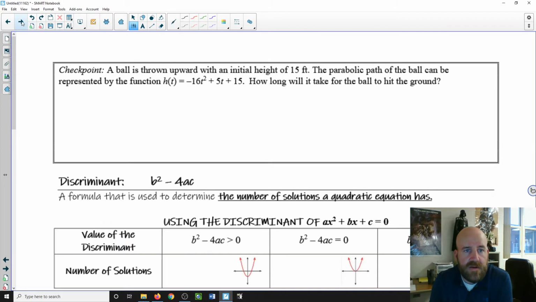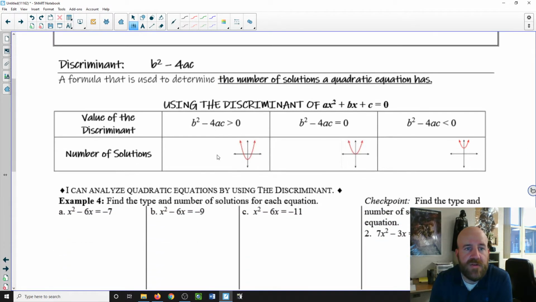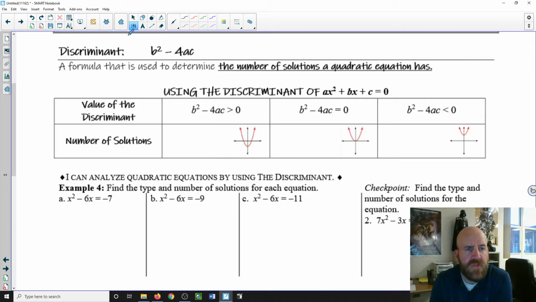All right, let's take a look at, skip over that. Same deal for the checkpoint. So discriminant. So b squared minus 4ac, that's the thing inside the square root. So if we can remember, it's just the value inside the root. It helps us a lot.